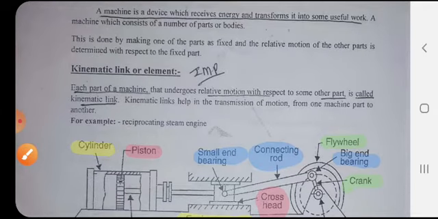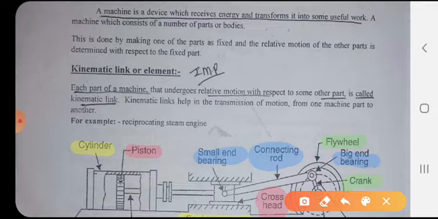So let us discuss the kinematic link, or simply you can call it a link or element. A link can be defined as each part of the machine which moves relative to some other parts, or you can also define it as a member or a combination of members of a mechanism connecting other members and having motion relative to them.